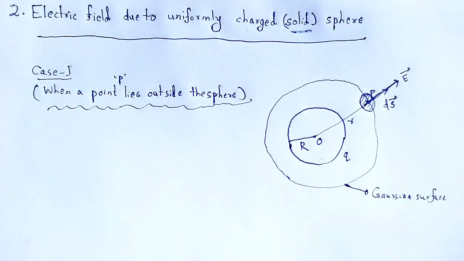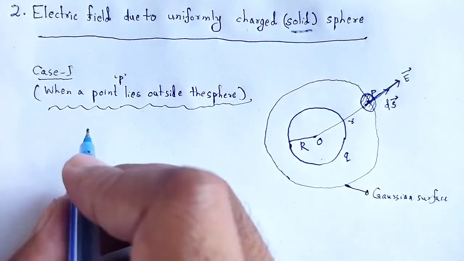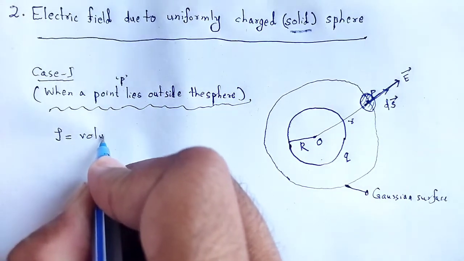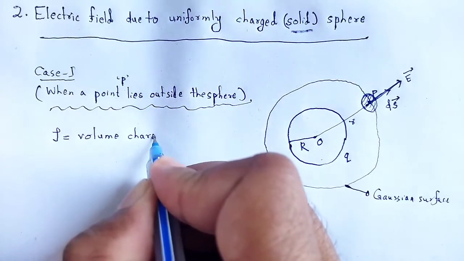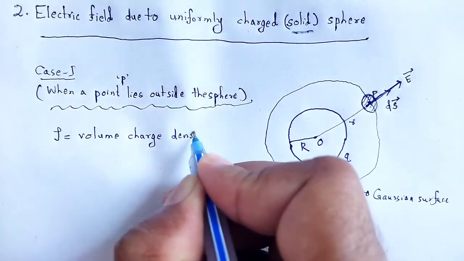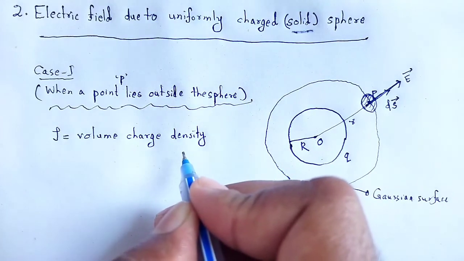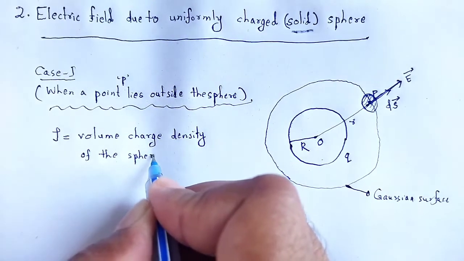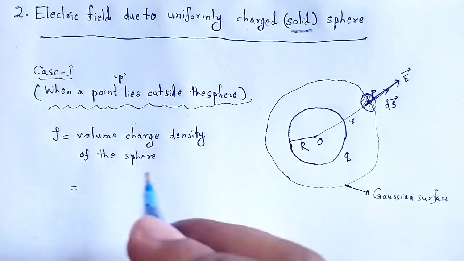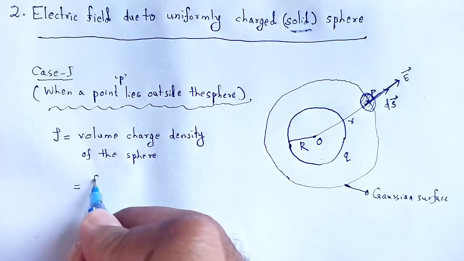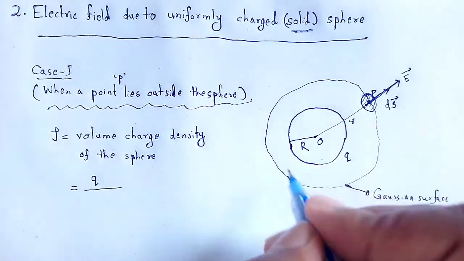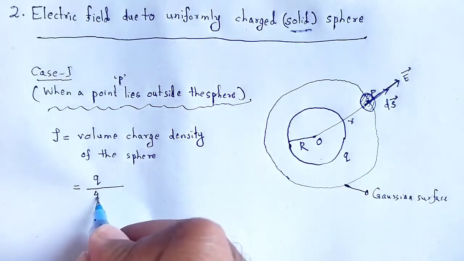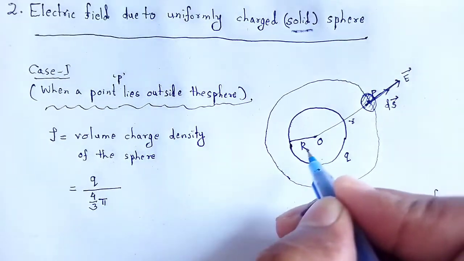Let rho be the volume charge density of the sphere, which is equal to charge per unit volume, charge Q divided by the volume of the solid sphere, that is 4 by 3 pi R cube, R being the radius.